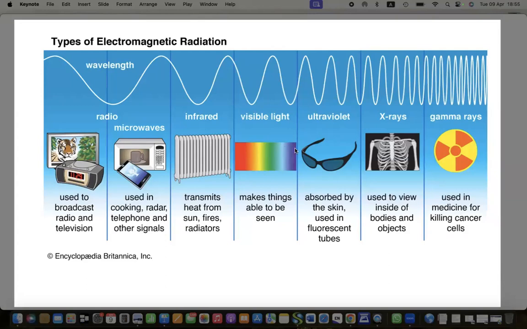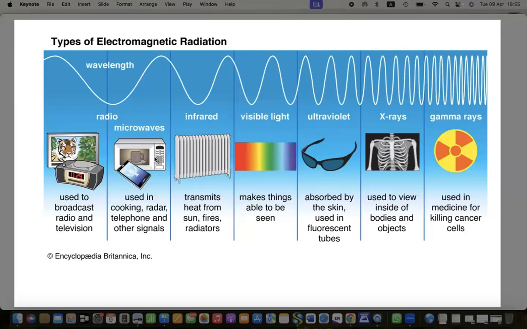Then we have our visible spectrum, starting from the violets, moving to the blues and greens and the yellows and the dark reds, the wavelength increasing all the way along. Infrared we can't see, but again, it does interact with our biology. We have infrared receptors in our eyes and perhaps on our skin as well.